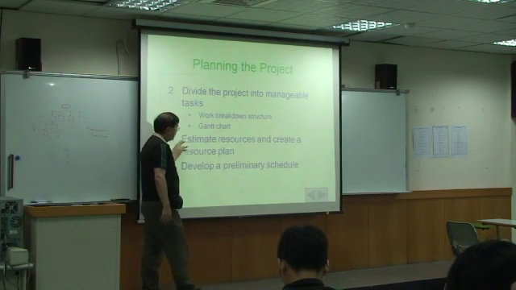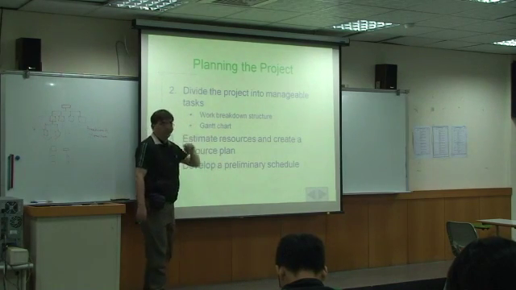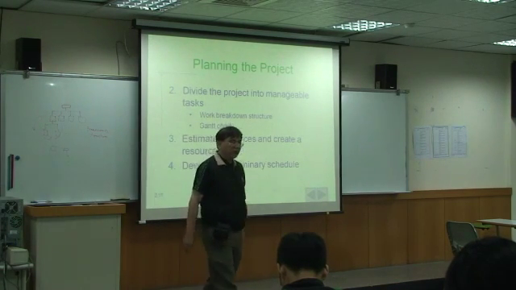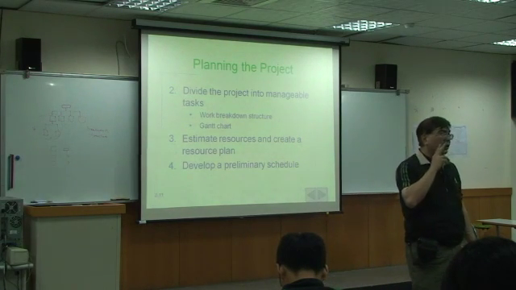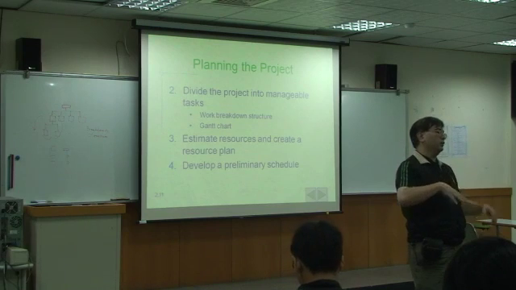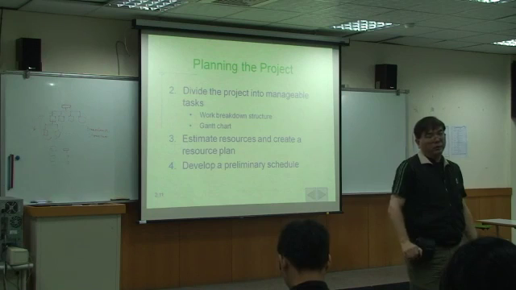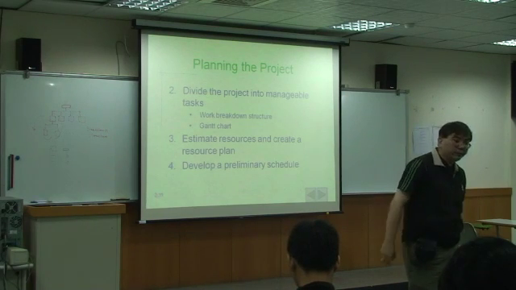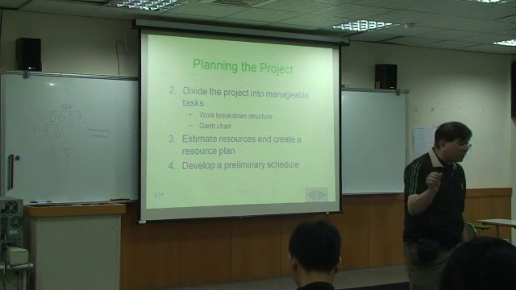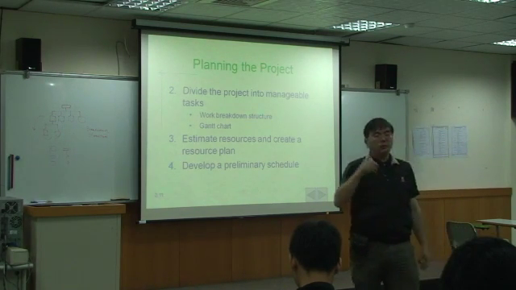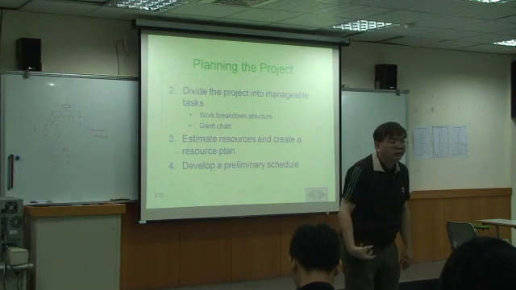The third: estimate resources and create a resource plan. Do you remember yesterday? We said we can shorten our schedule. We can make our durations shorter. But you remember, when you shorten this, you must pay more money.